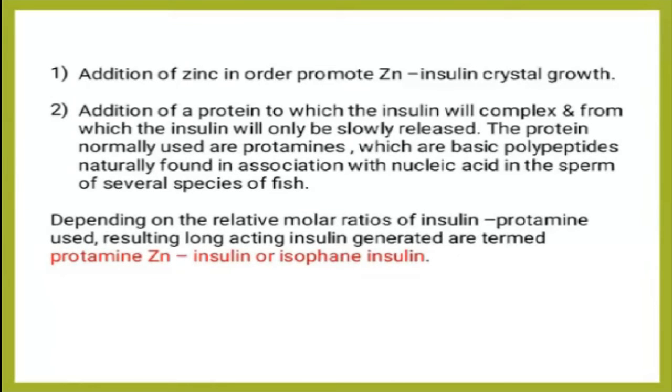The proteins normally used are protamines, which are basic polypeptides naturally found in association with nucleic acid in the sperm of several species of fish. These two procedures are done to increase the duration of insulin action. Depending upon the relative molar ratio of insulin to protamine used, the resulting long-acting insulins are termed protamine zinc insulin or isophane insulin.